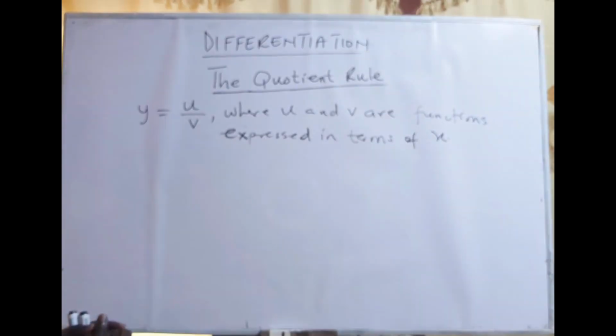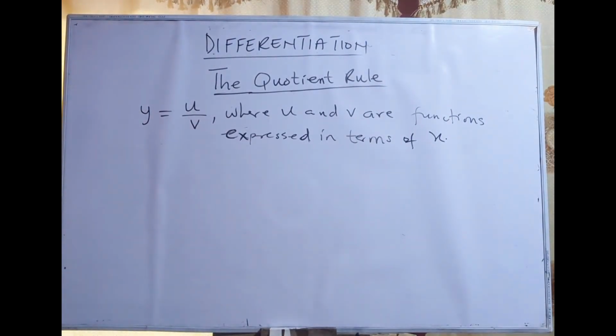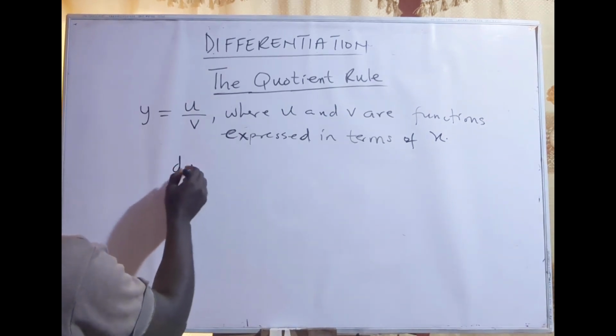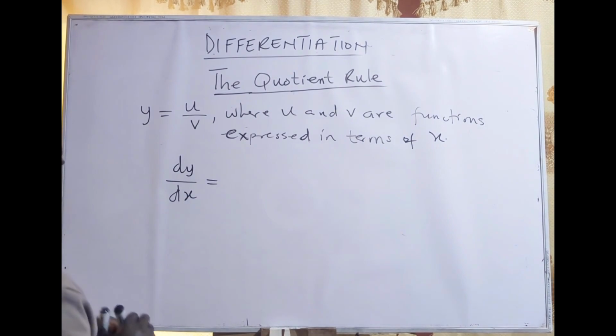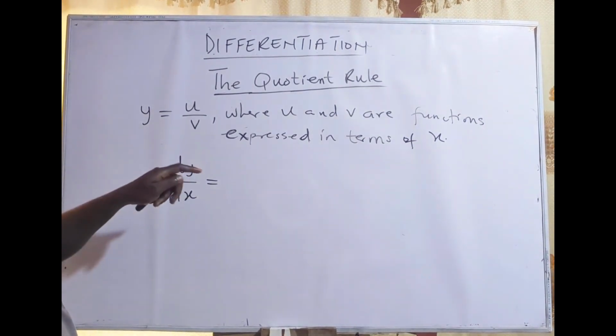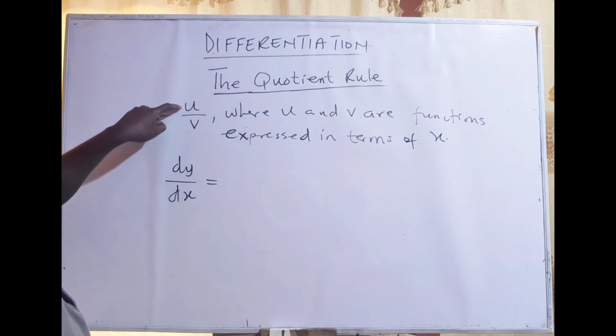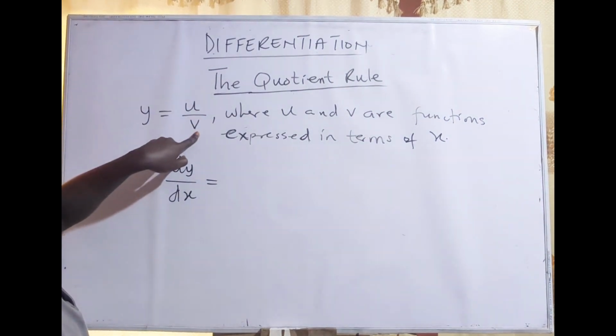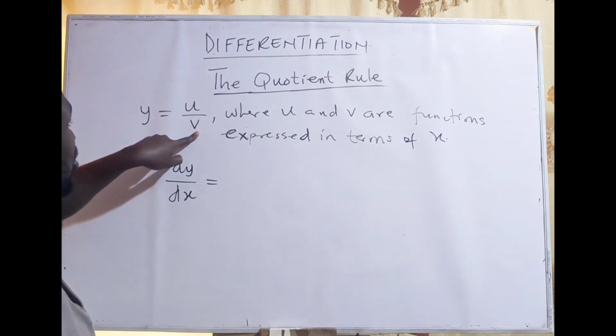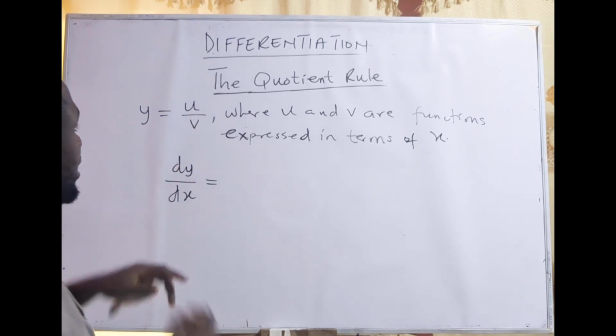Then this is how I'm going to differentiate the two functions. My dy on dx is equal to, what I'm going to do is differentiate the function at the numerator and then multiply by the function at the denominator. So I'll differentiate this and maintain this.